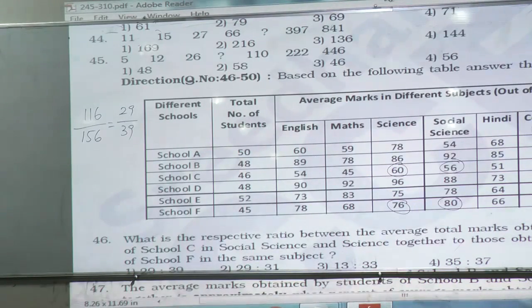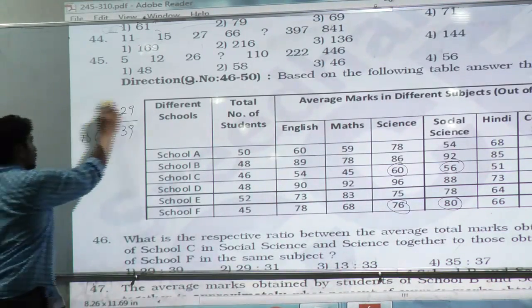Okay. Next, the average marks obtained by students of school B and school E in English together is approximately what percent of average marks obtained by students of school C in the same subject? This is about English.